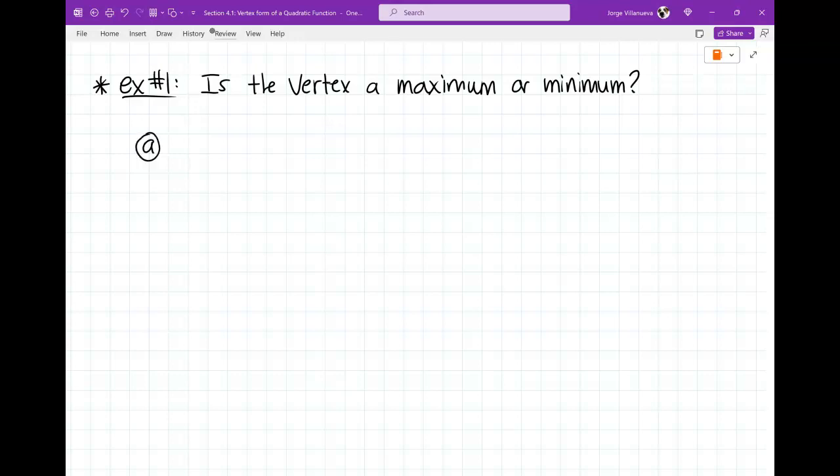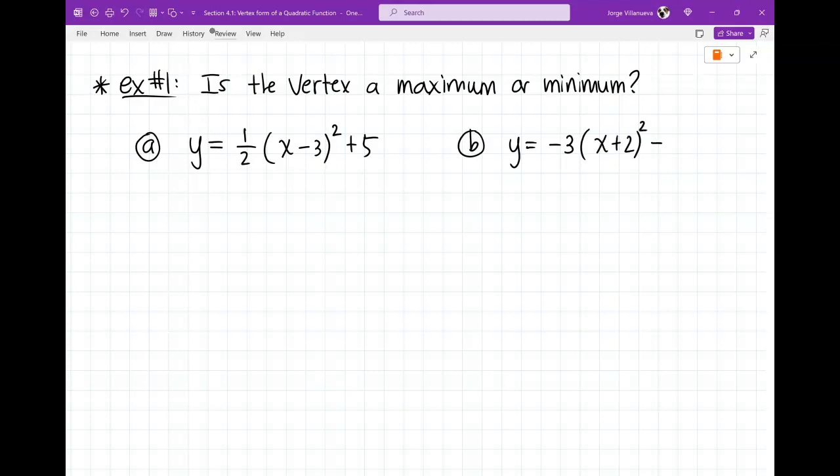So here's the first one. Y equal to 1/2 times x minus 3 squared plus 5. And the second one, I'm going to put y equal to negative 3 times x plus 2 squared minus 4.